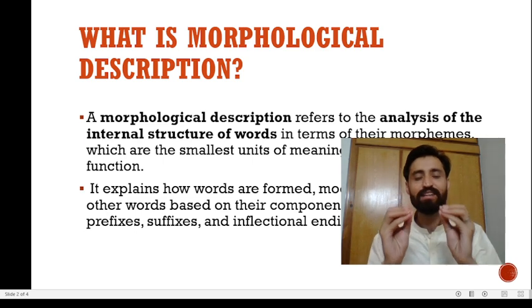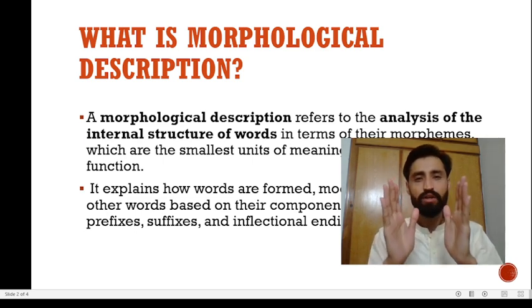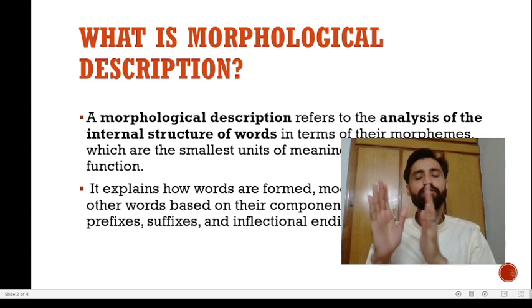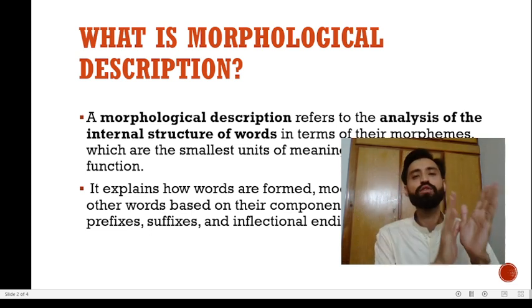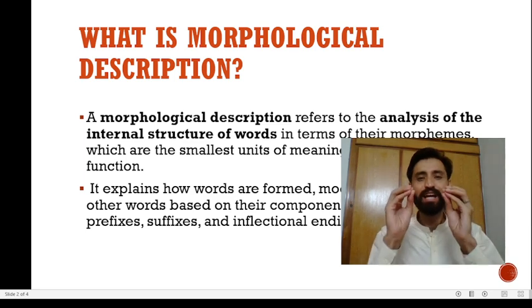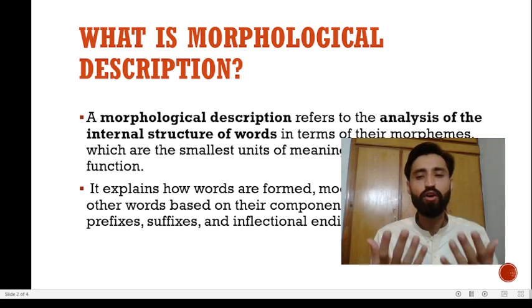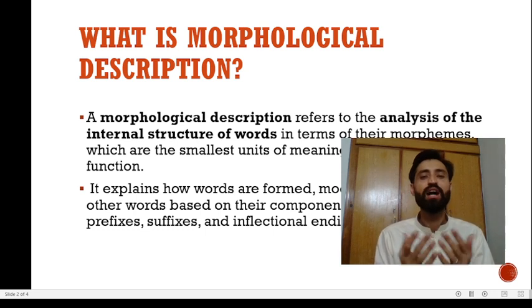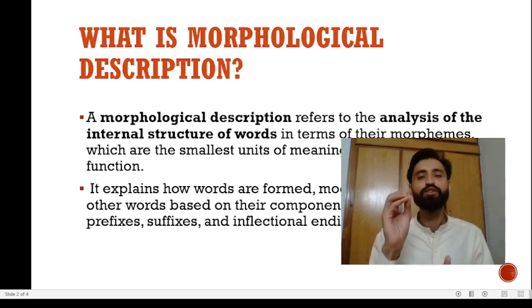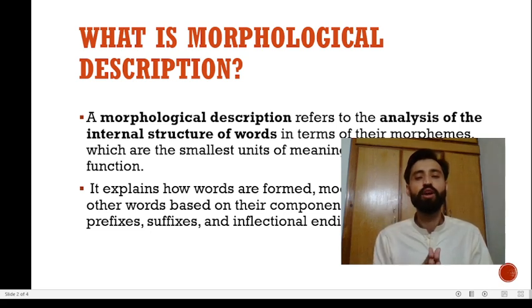So we can simply say that a word is sometimes made up of one morpheme or more than one morpheme. If you're analyzing all these different morphemes in a single word, this is what we call morphological description or analysis. And we know that morphemes are the smallest meaningful units or grammatical functions.